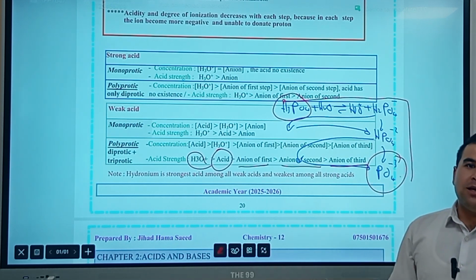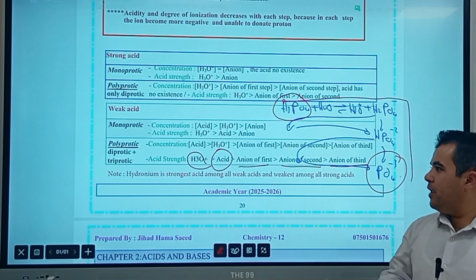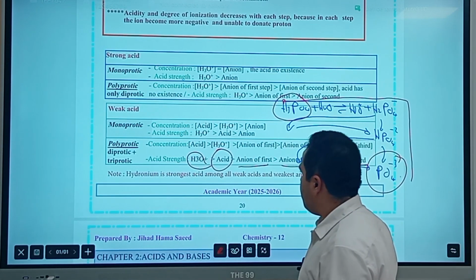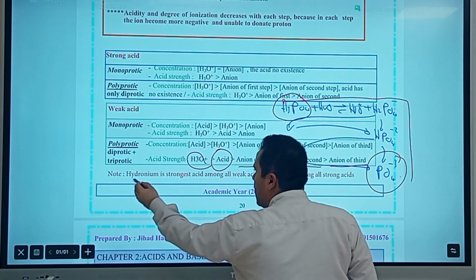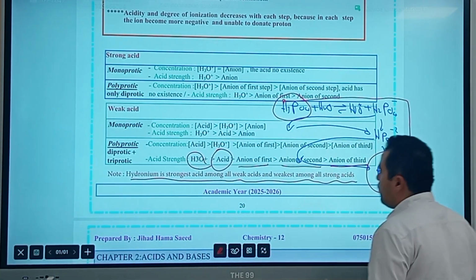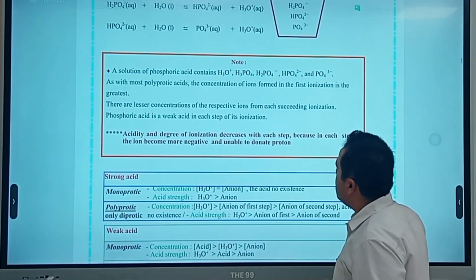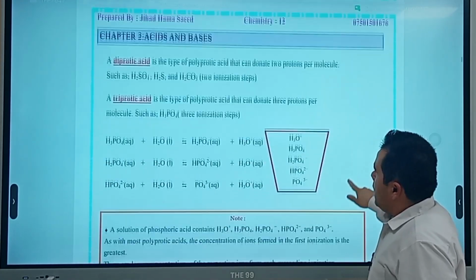We have discussed the sequence of the strength of the acidity and the concentration as well. Hydronium is the strongest acid among all weak acids and the weakest among all the strong acids if we compare hydronium with the acids.